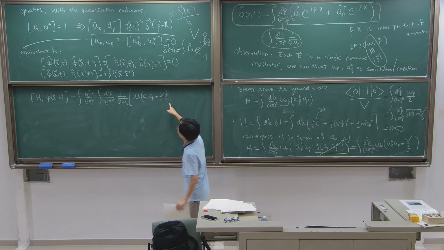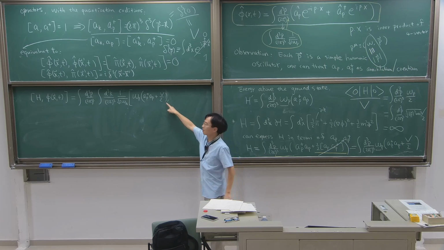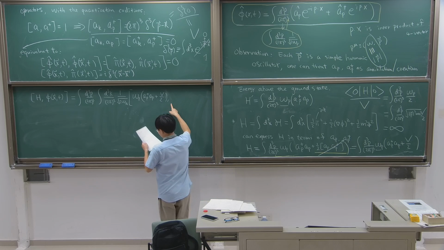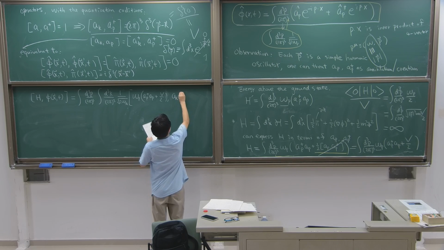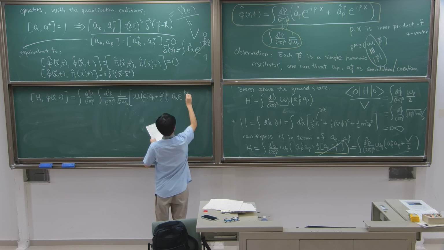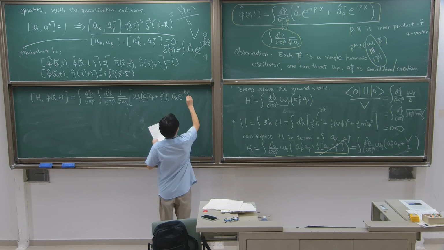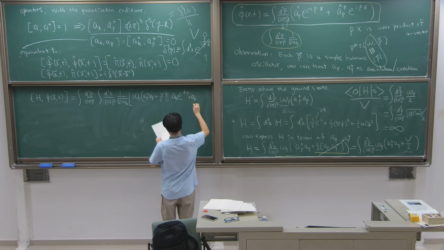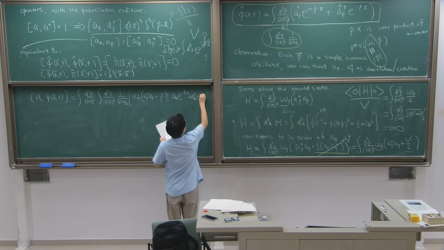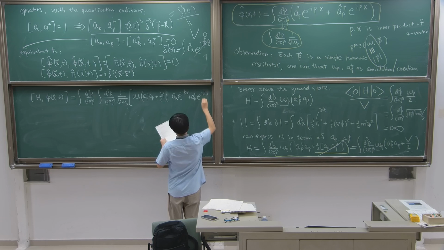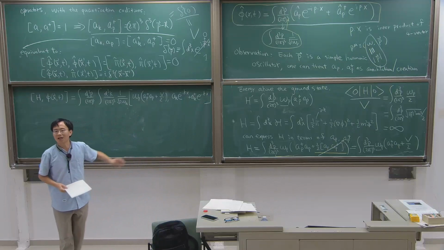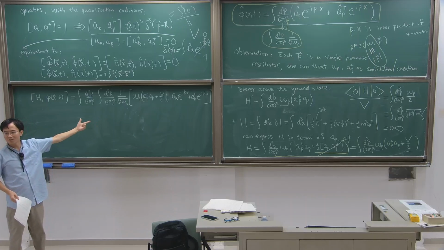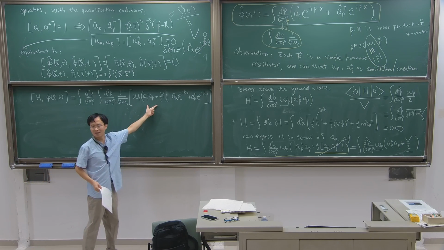And the point is, now I want to compute the commutator of this object with phi. I also plug in the definition of phi in terms of A and A dagger, which is nothing but these two pieces. Just plug the definitions in, then you can compute this commutator.